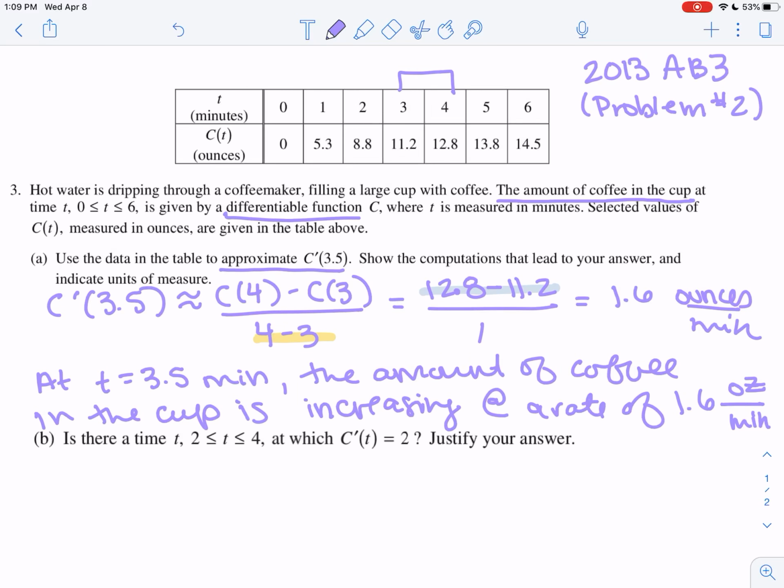Yes, they told us c was differentiable, so it must also be continuous. Remember the conclusion of MVT is basically slope: f of b minus f of a all over b minus a needs to equal the derivative at some point.